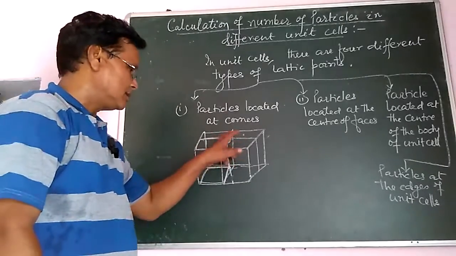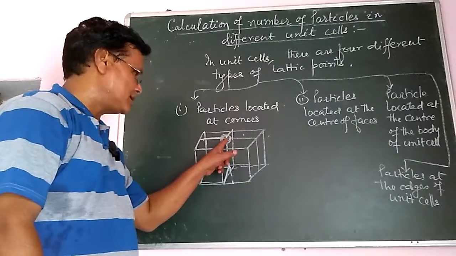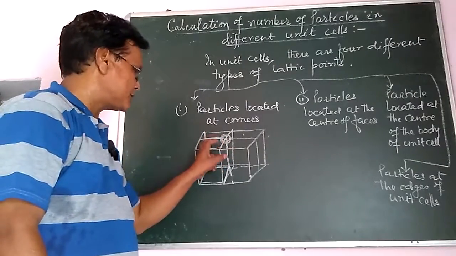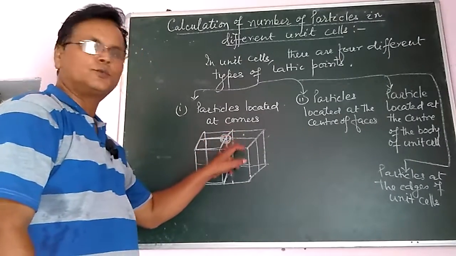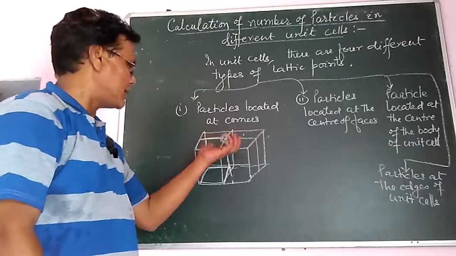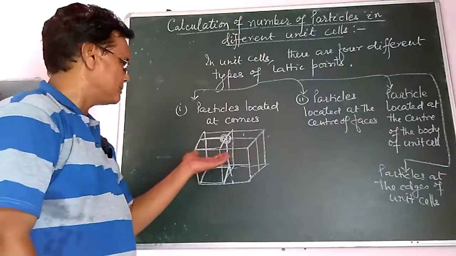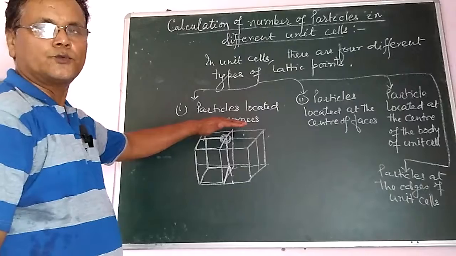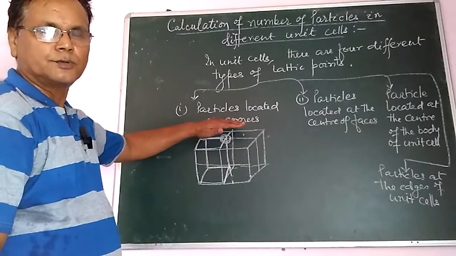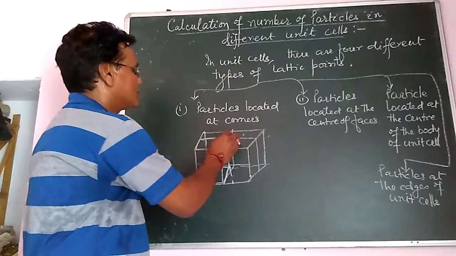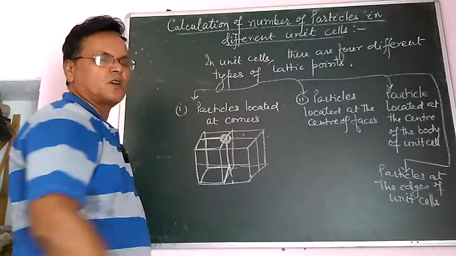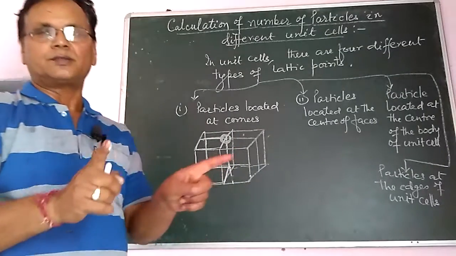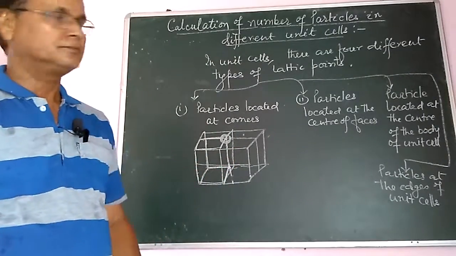So here one particle lying at the corner is shared by 4 unit cells at one layer, and there would be 4 unit cells at the upper layer. So the particle which lies at the corner is attached with 8 unit cells.